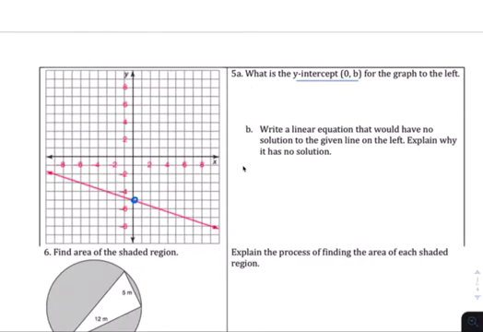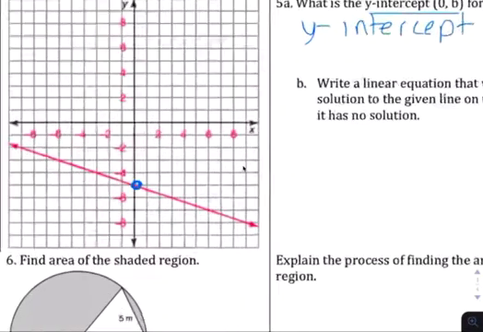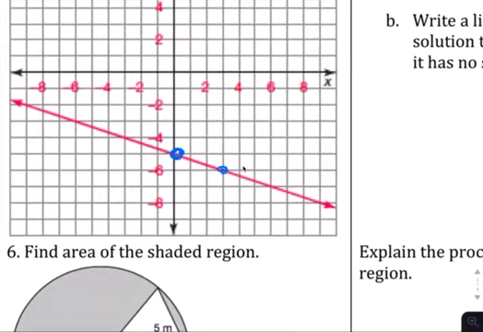Your y-intercept is -5. So the equation of this line, if you had to write an equation, you're going down 1 over 3.